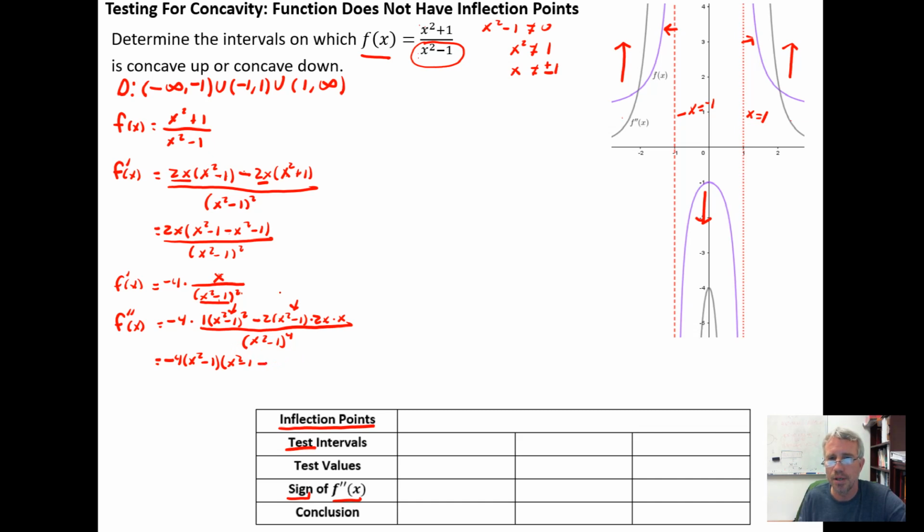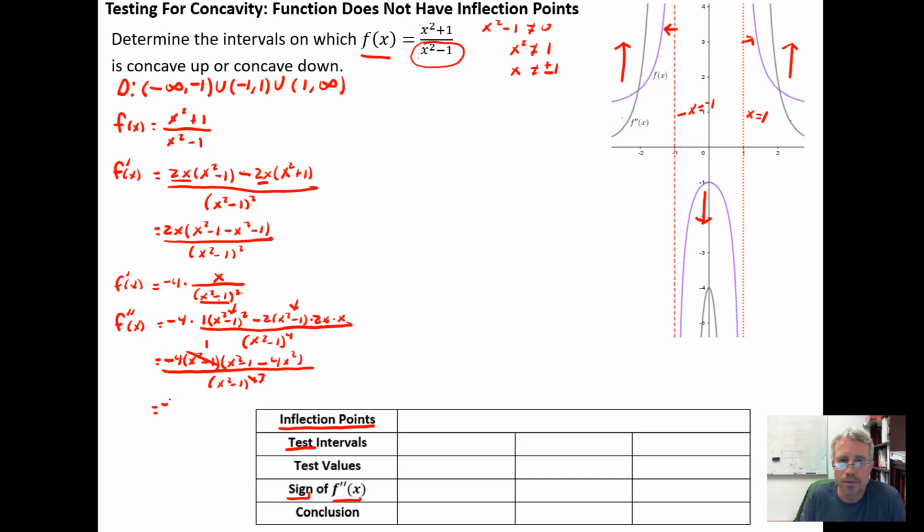Minus, I'm factoring an x squared minus 1 off of here, which will leave behind a 2 times 2 is 4, x times x is x squared. And this will all be over (x squared minus 1) to the 4th power. But this x squared minus 1 will cancel one of the 4 x squared minus 1s in the denominator.